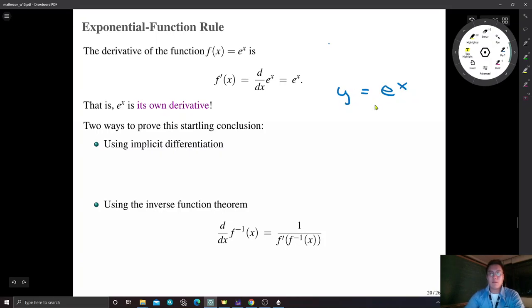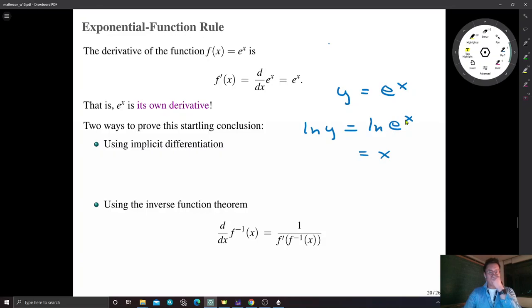Then y becomes ln y, and the right side becomes ln e to the power x. Once again, ln is log with the base e, so the right side boils down to x, because ln is the inverse of e to the power x.